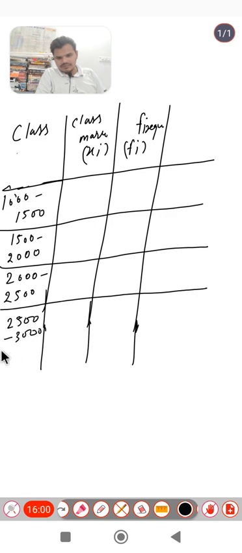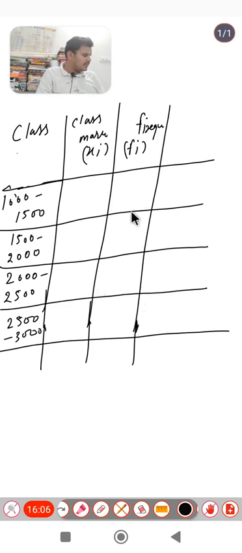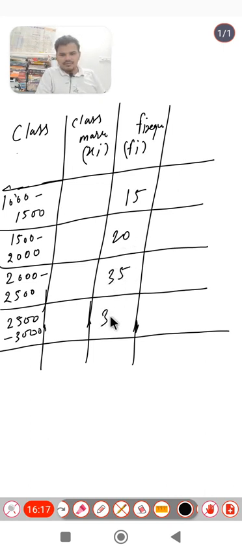So these are the classes given, and the frequencies given are 15, 20, 35 and 30.